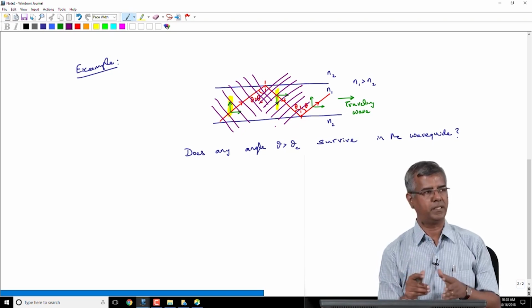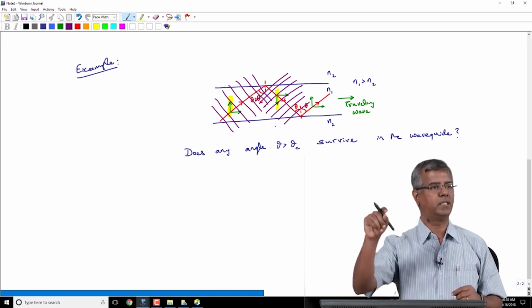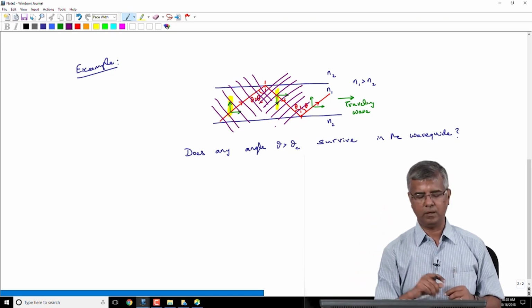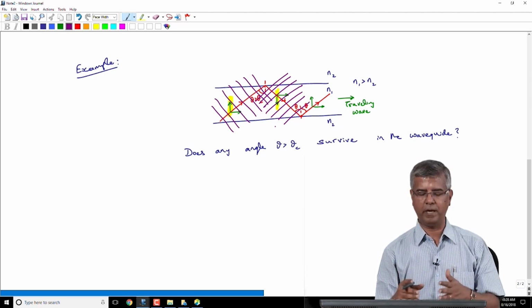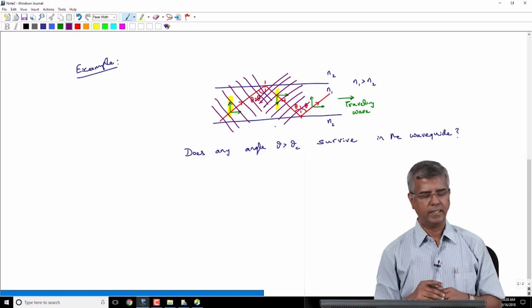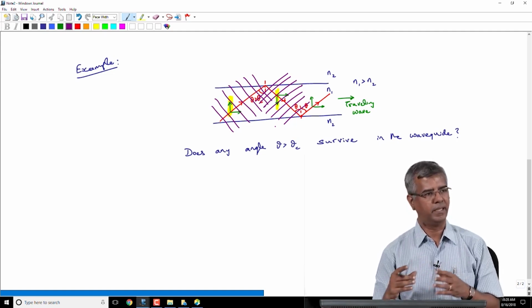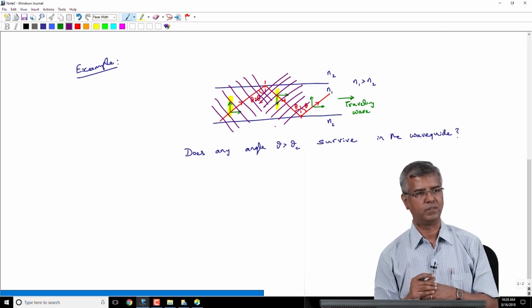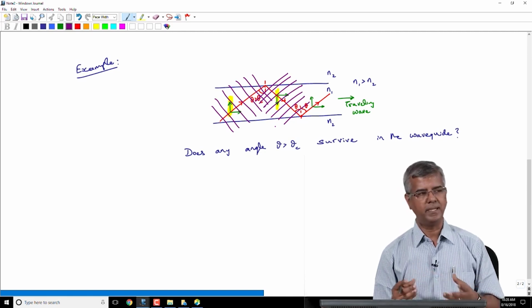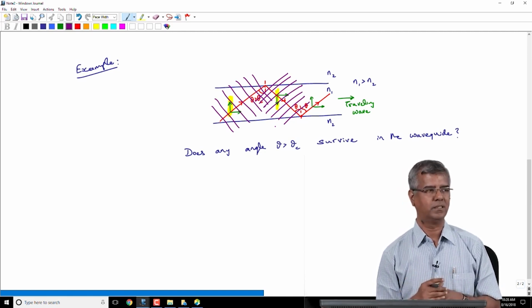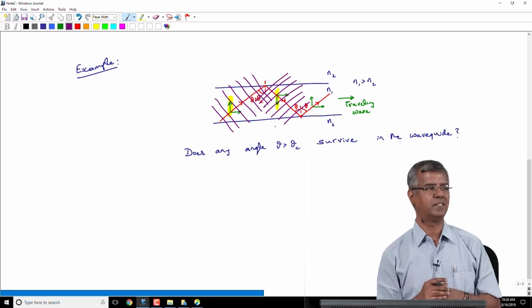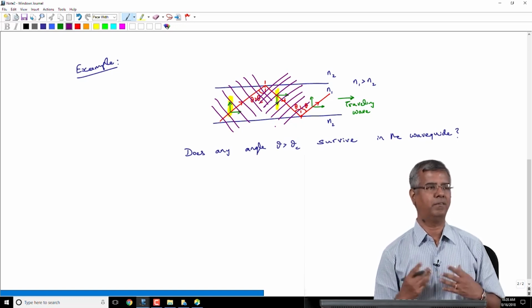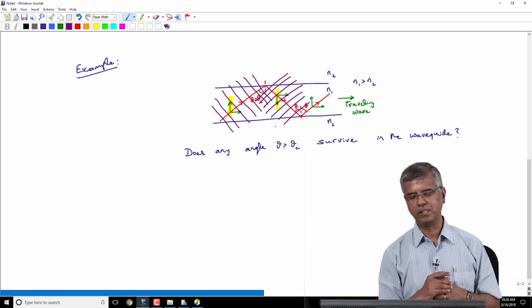So essentially the fields corresponding to the incident wave and the reflected wave are interacting with each other, okay. So, when they interact with each other, what happens? Depending upon their relative phase, they will have constructive or destructive interference.